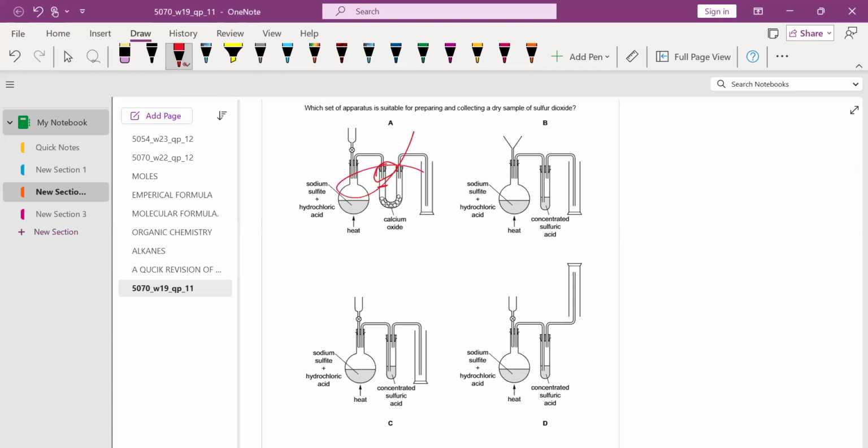Then in option B, a funnel is used, so it is also incorrect. Then option C seems correct. Then in option D, the measuring cylinder isn't put in the right way, so option D is also incorrect. So option C is correct for question number 5.